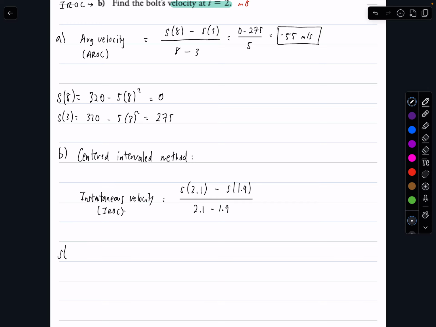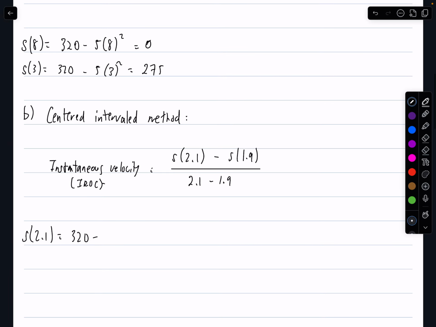We're going to do these separately. So s at 2.1 is going to be 320 minus 5 times, whoops, not 8, this is going to be 2.1 squared. So 2.1 squared times 5, and you end up here with 297.95.